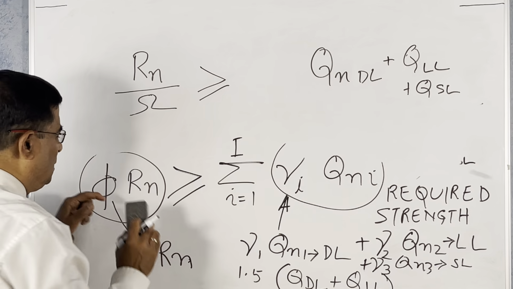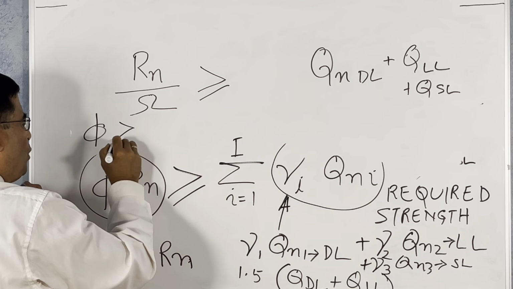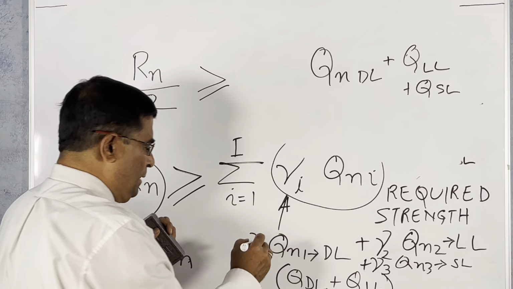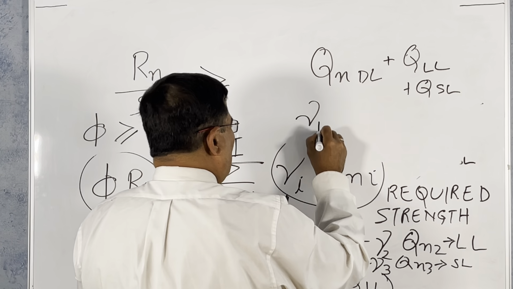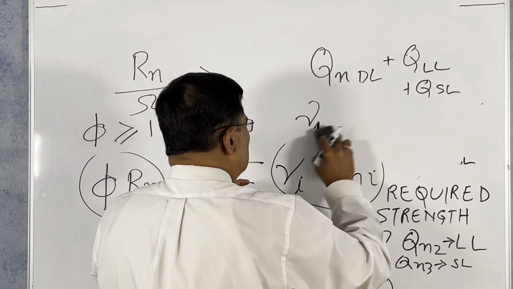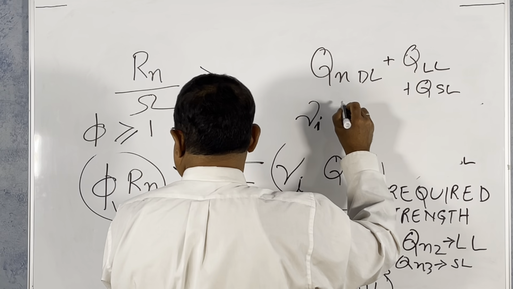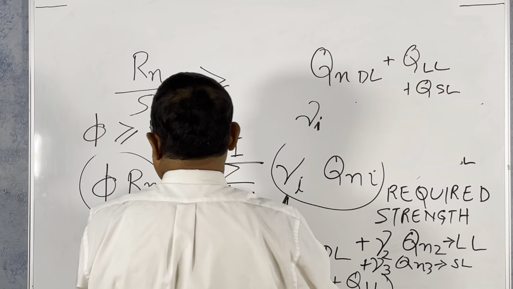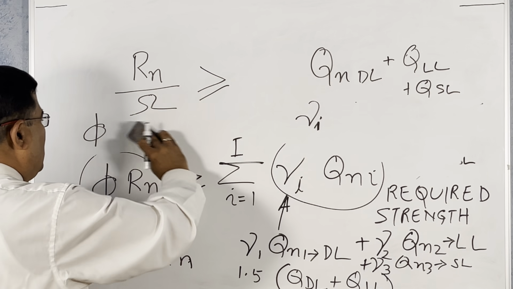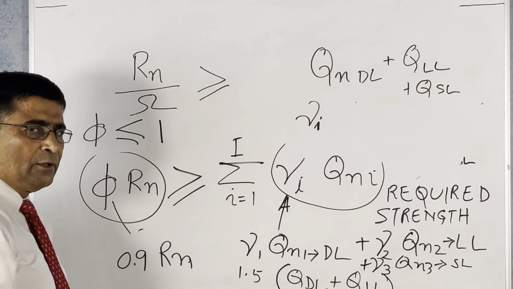Beg your pardon, I made a mistake, sorry. The phi value is less than or equal to 1. It cannot be greater than 1.